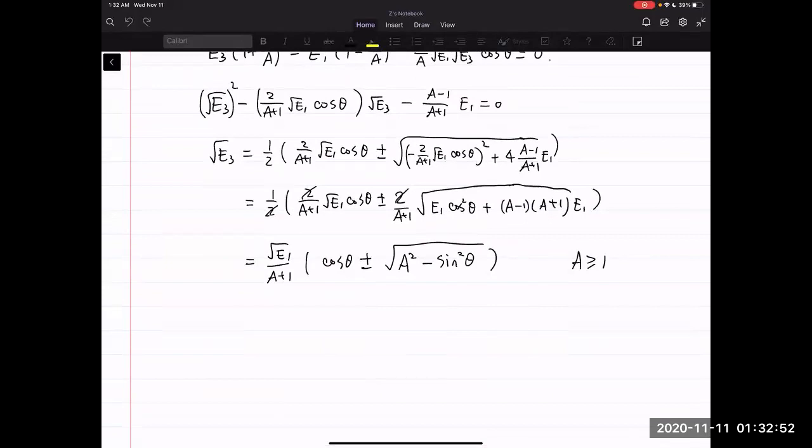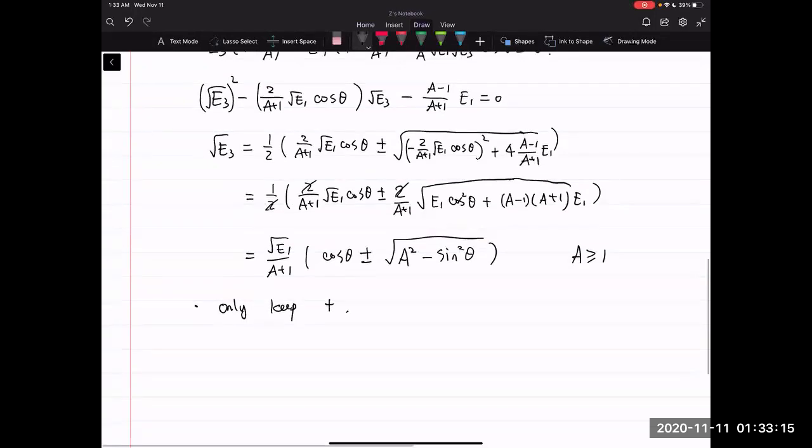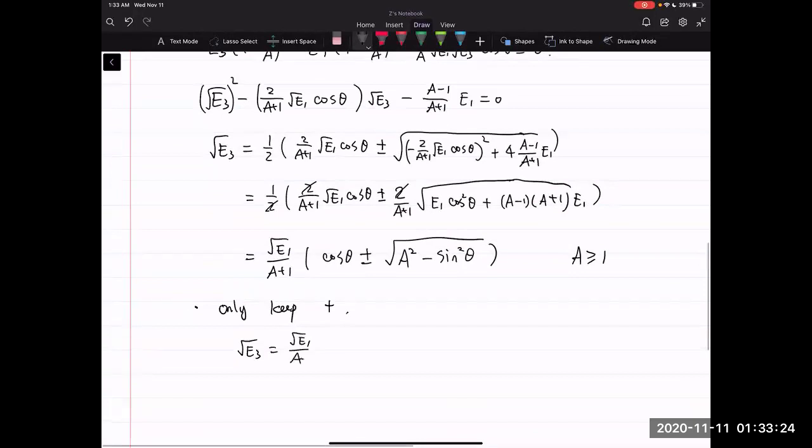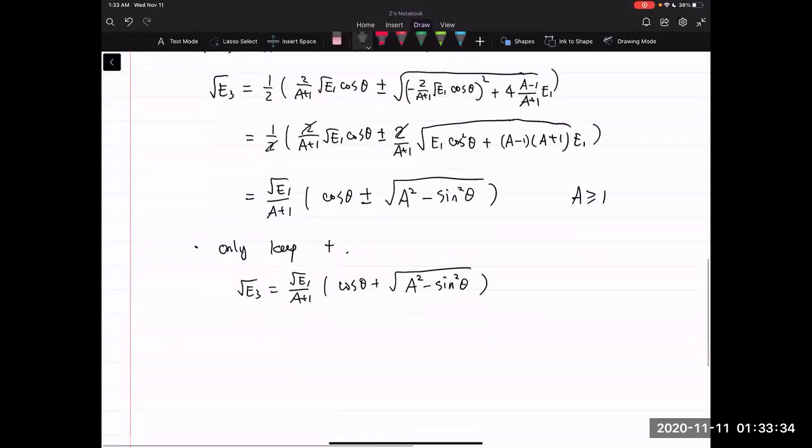So the square root of E3 is the square root of E1 over A plus 1, times cosine theta plus the square root of A squared minus sine squared theta.